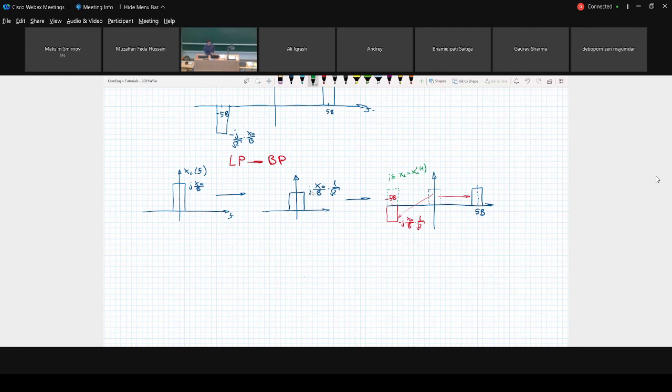Yes, this is an intermediate step. This was our original signal. Then we normalized energy so that the two components with such amplitudes will have exactly the same energy as we had for the original low pass spectrum. And then we just use these modified amplitudes for our resulting components in the positive range and negative range.